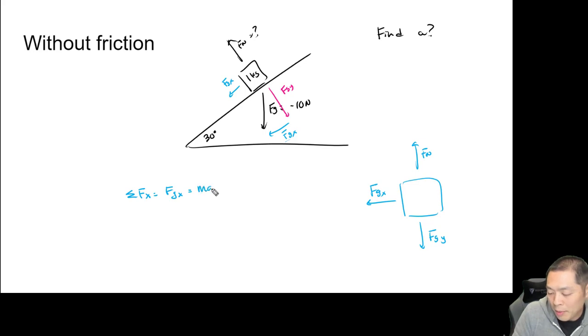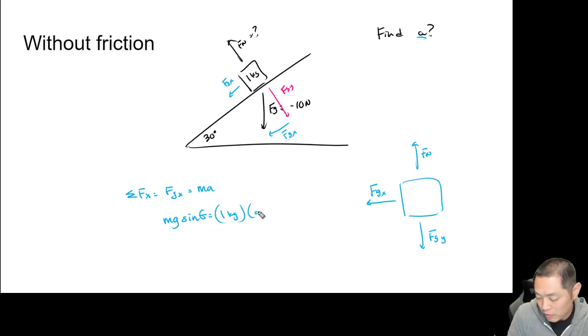We're going to make this equal to ma, so we can solve for a. Fgx, if you look back, was mg sine theta. Mass here is 1 kilogram, and we're looking for a. So mass is still 1. Gravity, we're going to use 10 just to make life easier.